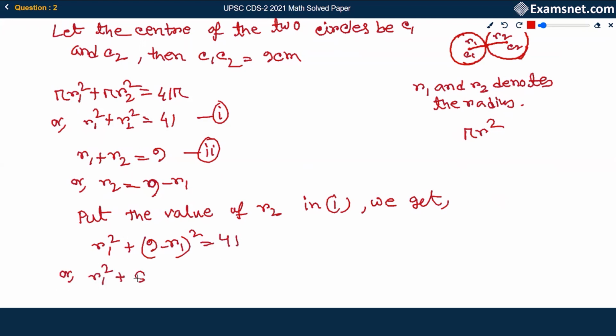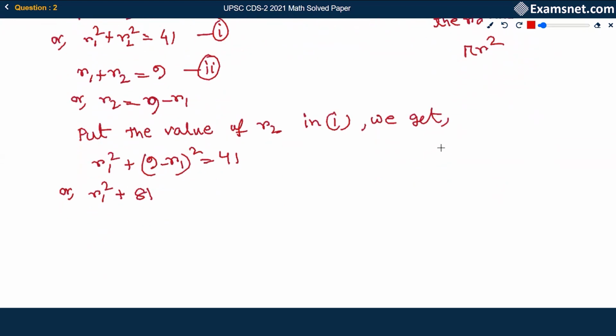R1 square plus, we already know the expansion of a minus b whole square, that is a square minus 2ab plus b square, so 81 minus 18 R1 plus R1 square equals 41. Let's proceed with the steps.